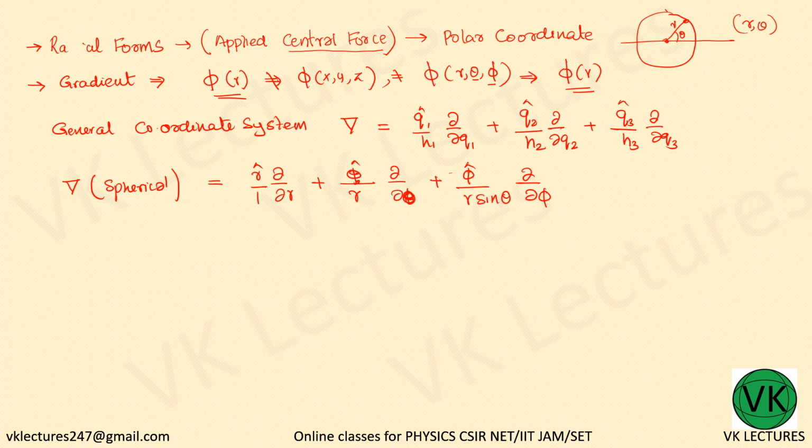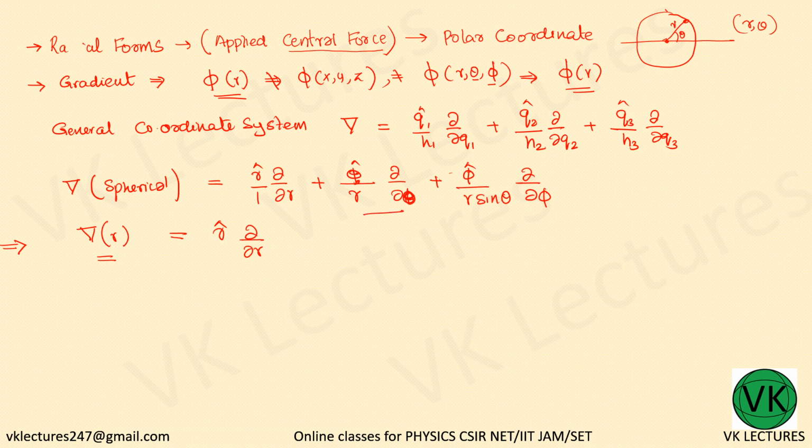Now since we will write del of just r, that means only a function of r, only the first term will remain, that is r cap dou by dou r. So in radial form, the gradient of phi of r is r cap dou by dou r.